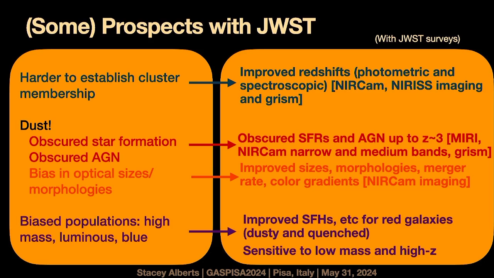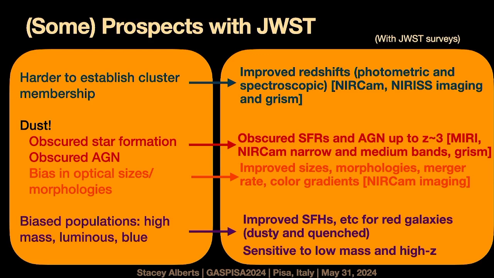Okay, so if we bring back up our list of challenges, this is of course not exhaustive. JWST can do a lot of other things. There's a lot of things it can't do, but this is just the couple of things that I wanted to show today. So in terms of establishing cluster membership, having JWST near-infrared data can really improve your photometric redshifts. We can also efficiently get near-infrared spectroscopy in a lot of ways.